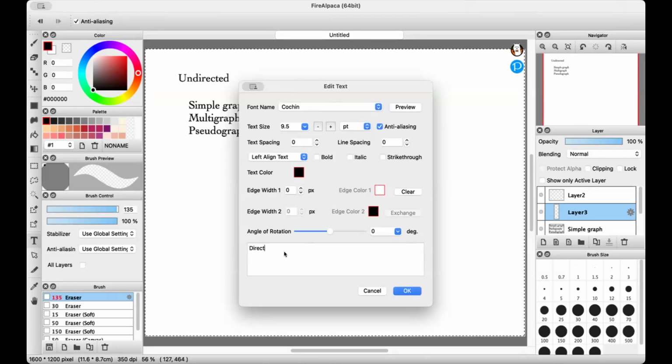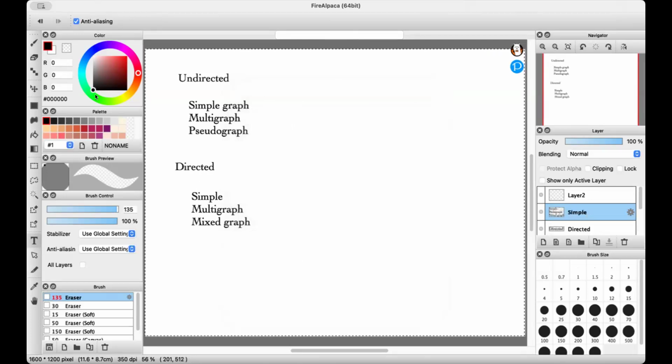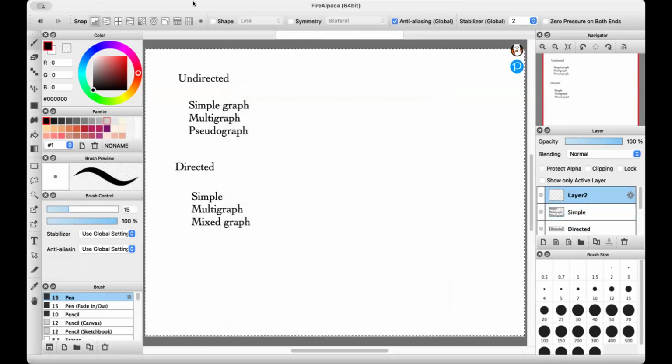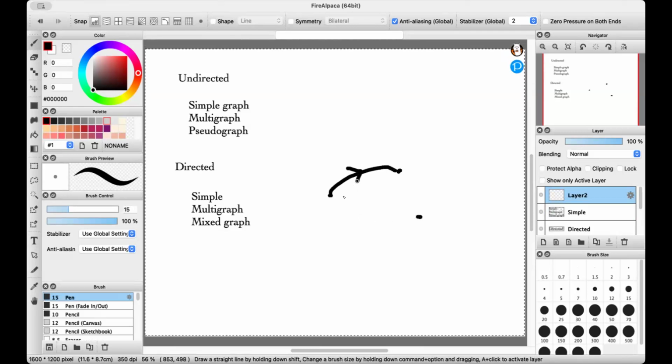Yeah, so these are the directed graphs. For directed graphs, we have something similar. We also have a simple graph, a multi-graph, and a mixed graph. The simple graph is very similar to what you saw with the undirected graph, but instead you have a directed edge that has a direction.